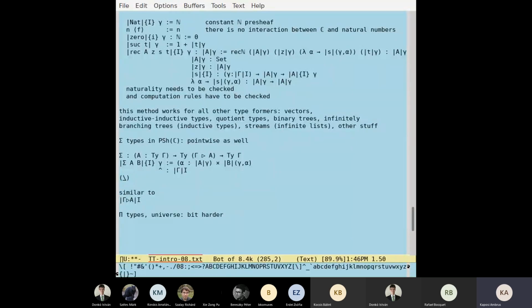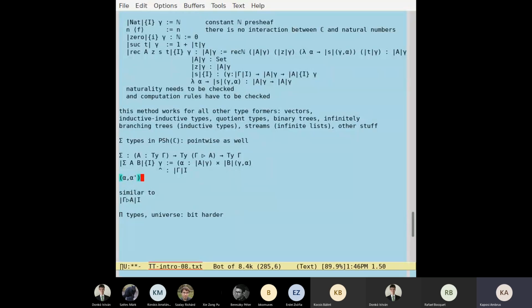So if I have an alpha and alpha prime, and I want to restrict it with F, here I'm restricting at sigma AB.